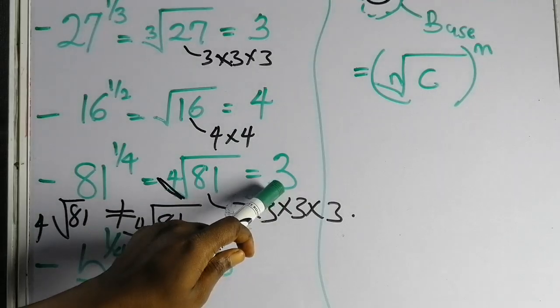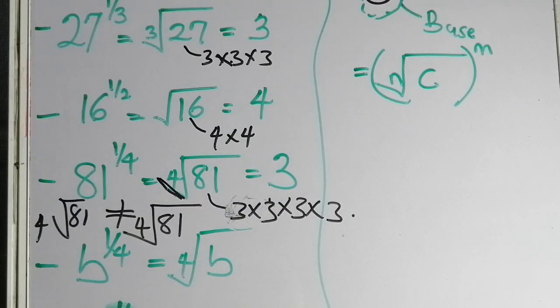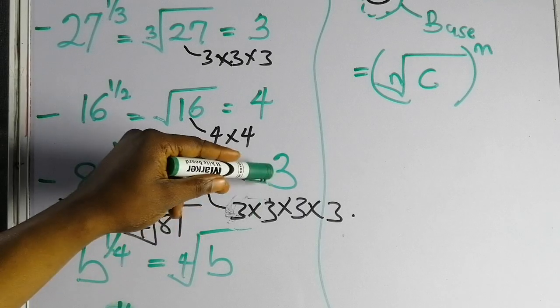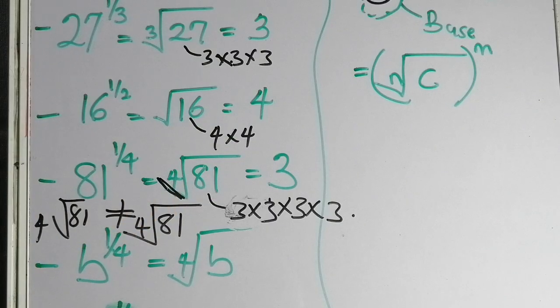So at the end of the day, the answer is 3. If you press your scientific calculator for fourth root of 81, you will still get 3. But in JAMB, you will not be allowed to use a calculator most times. So all you need to do is know what you can multiply 4 times that can give me 81.